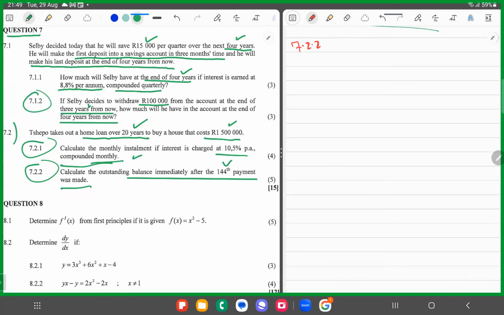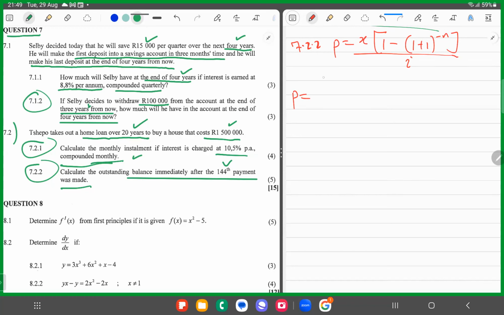So to calculate the balance after the 144th payment was made, the easiest way is to use the present value, which says x into 1 minus (1 plus i) to the minus n, we divide by i.